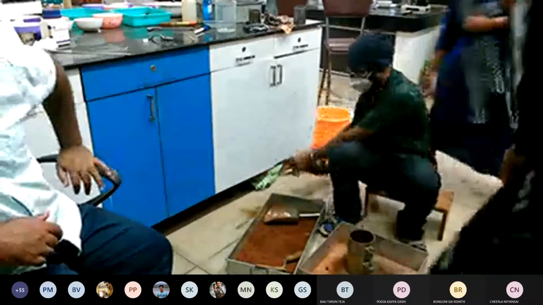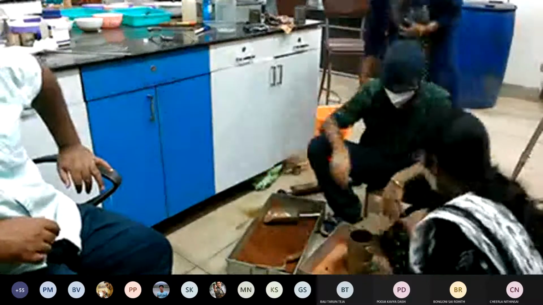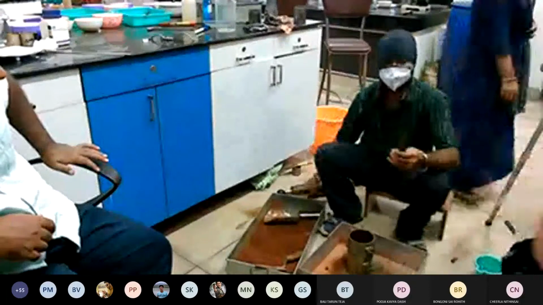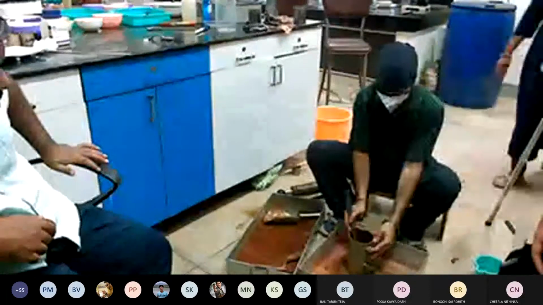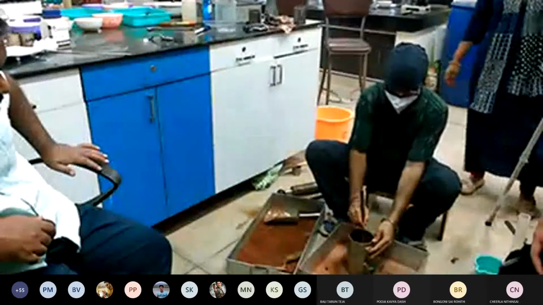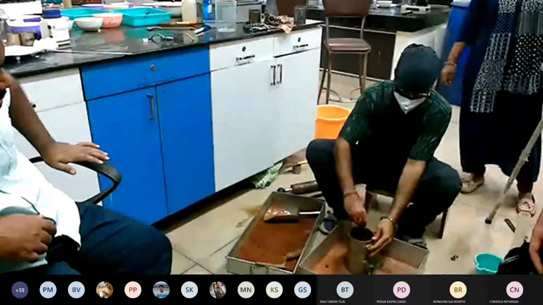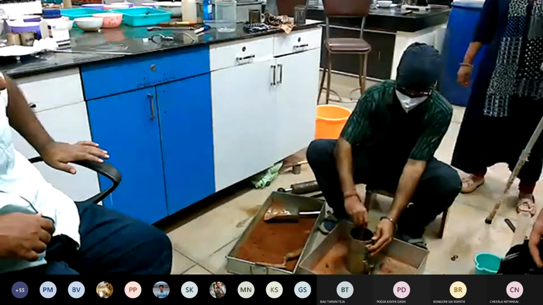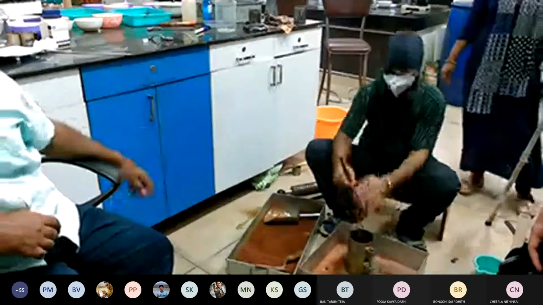Make sure that you are not applying all the 25 blows at a single location. We need to scratch the surface so that the layers are not completely distinct.